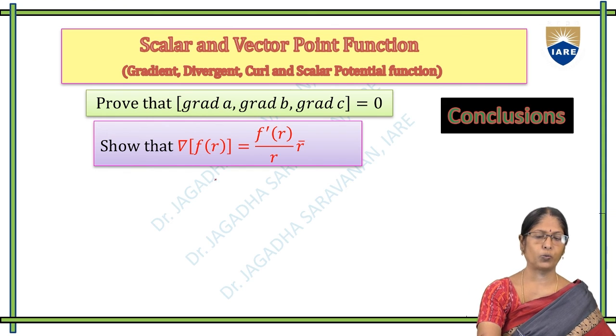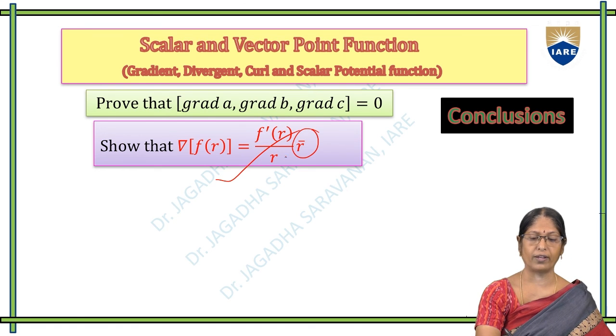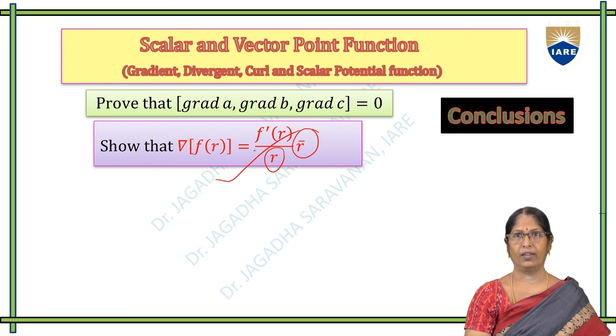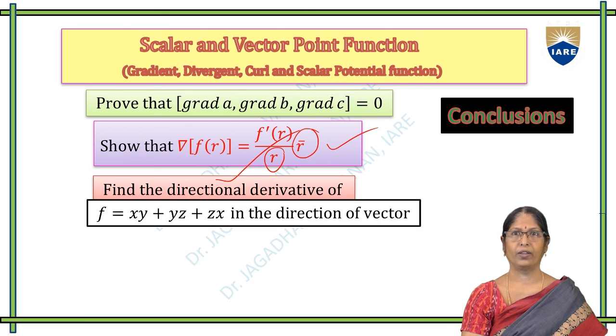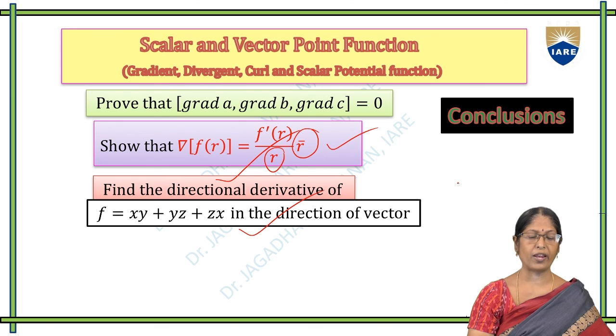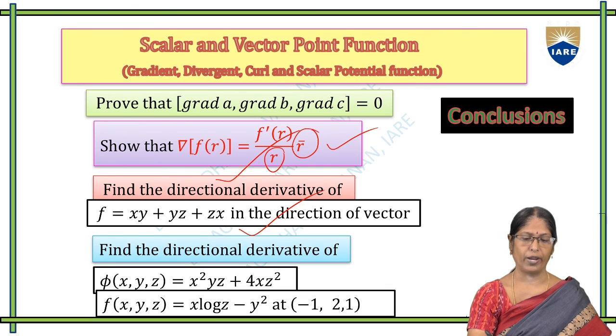So next, this problem, the gradient of f of r is equal to f dash of r by r, times r vector. Here, this is the r vector and this is scalar. It's a very beautiful problem to understand the difference between scalar r and vector r. Then we moved to the directional derivative of f equal to xy plus yz plus zx in the direction of a vector.